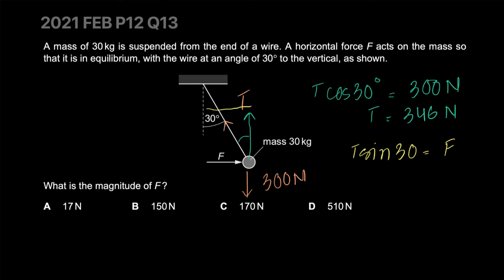Let's just put it over here. That's the horizontal component. And that's being balanced out by the force F because it's in equilibrium, right? So 346, that's easy. And that's just half of 346. 346 sin 30 is equal to F. So F should equal, now divide this value by 2, 173.